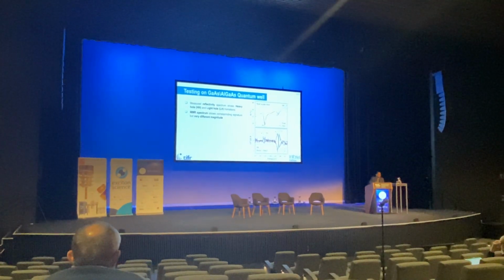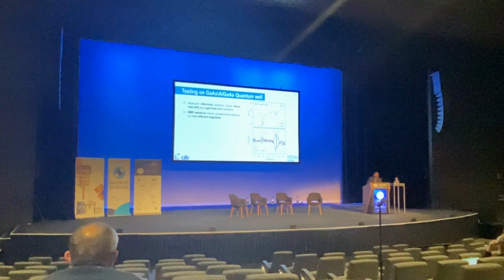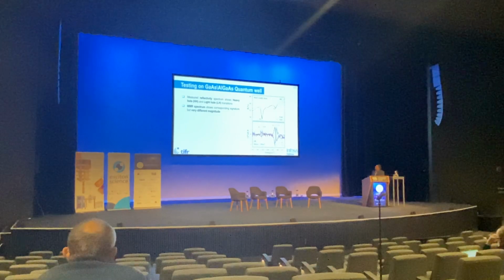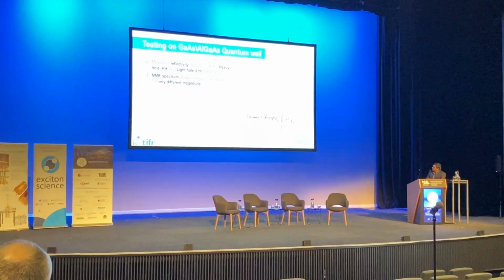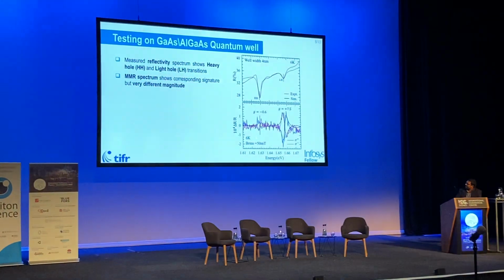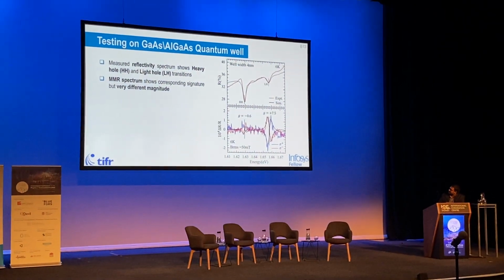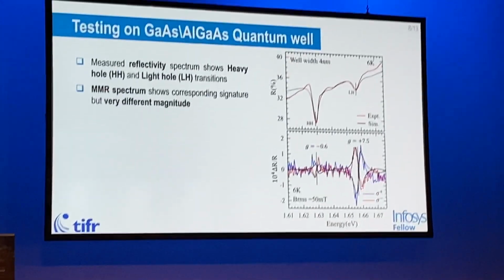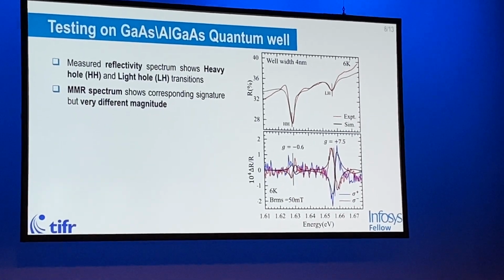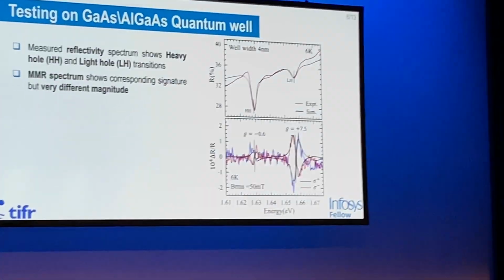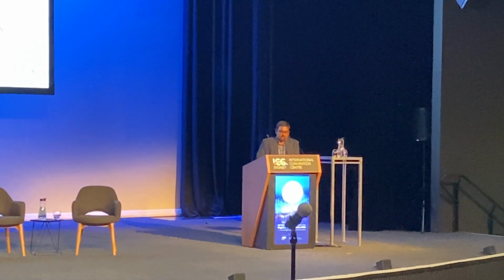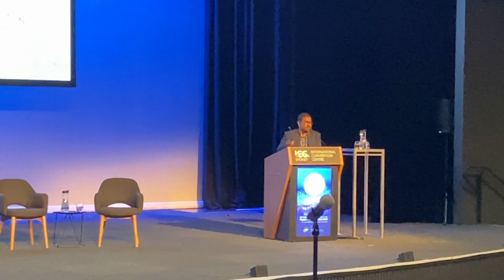And also the spectral feature: if we follow only the red curve, you will see this goes like dip and peak, but that goes like peak and dip. So it shows the sign of the G factor is different for light hole and heavy hole.